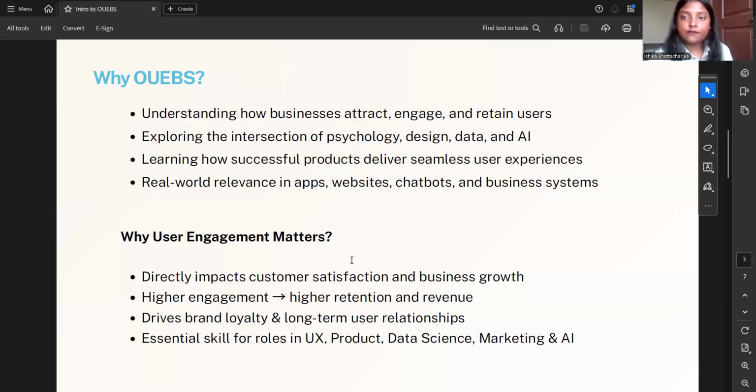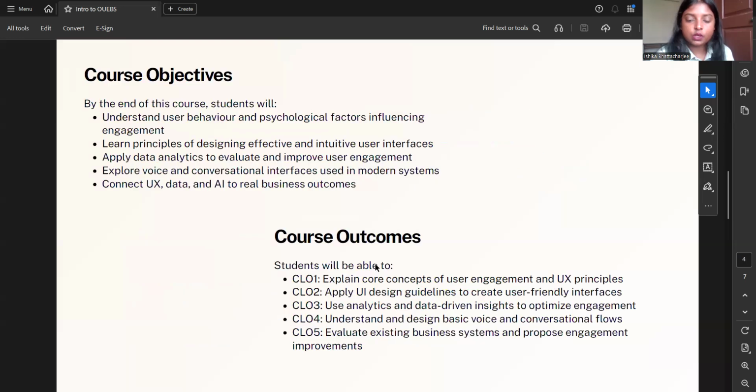So yes, if you are from a data science, marketing or AI background, or you are just learning UX or designing UX, this is a very essential skill because user engagement is needed in all of these fields, right?